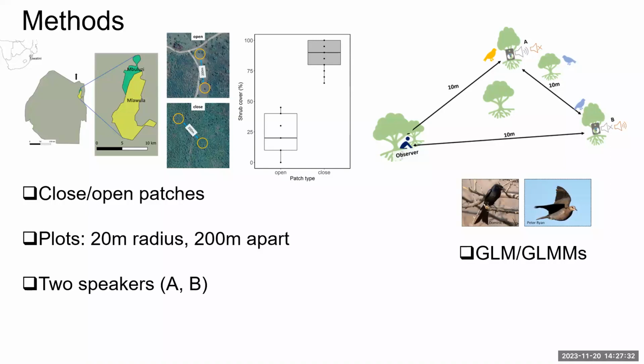So before we started any experimental treatment, we wanted to figure out the community surrounding our plots. Our plots were 20 meters radius. So we just got an overview of the birds that were around by doing a quick point count.